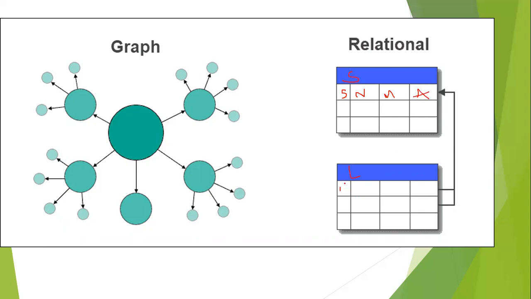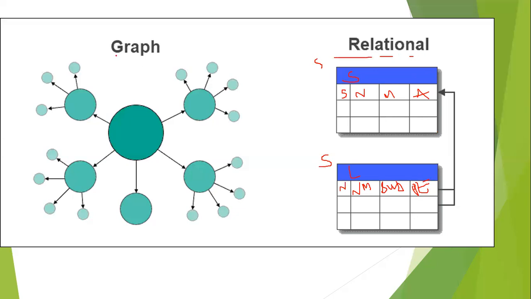Here lecturer number, lecturer name, lecturer subject, and lecturer experience or lecturer phone number. Here how do you have a relation? This is a structural table, this is a structural table, and both table formats are the same. So you are connecting these two tables in the relational model.